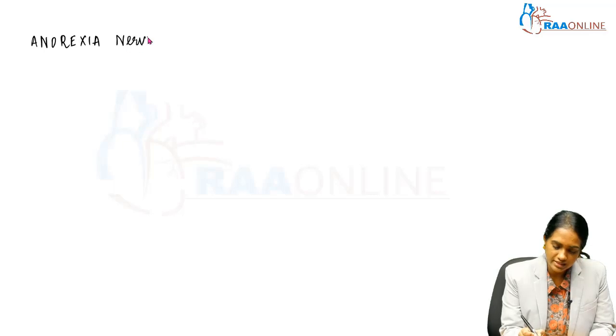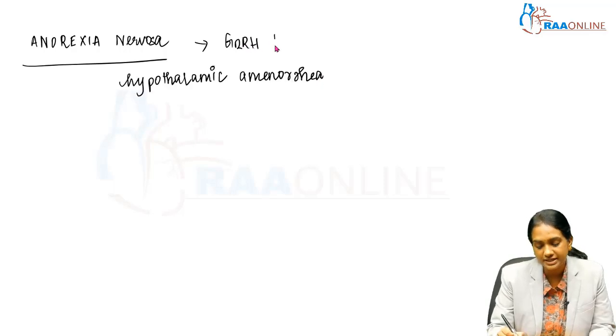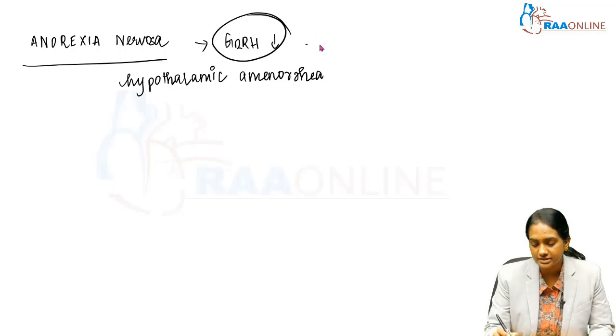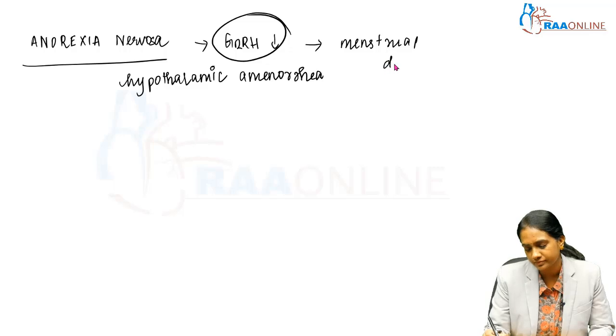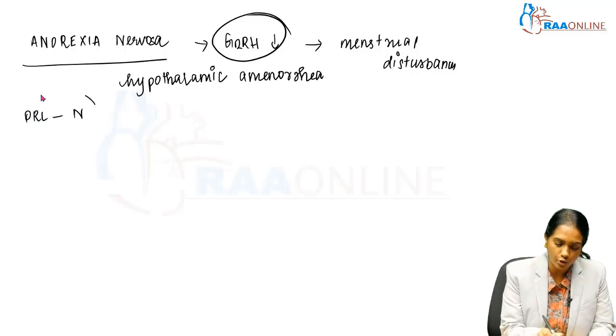In anorexia nervosa, it's like a hypothalamic amenorrhea. The GnRH pulsatile secretion goes low. As a result, they will have menstrual disturbances and amenorrhea, but the prolactin level is usually normal here.